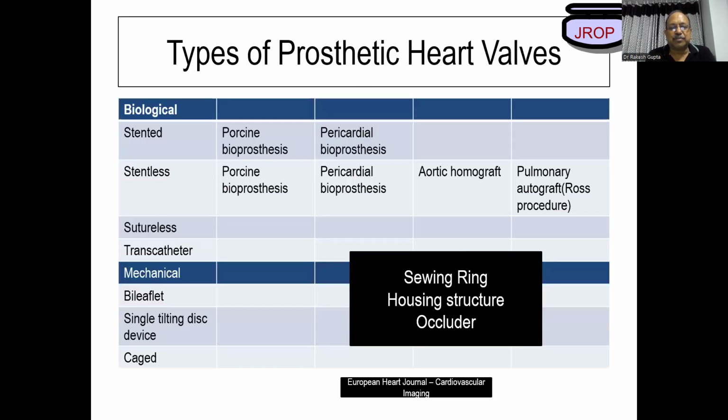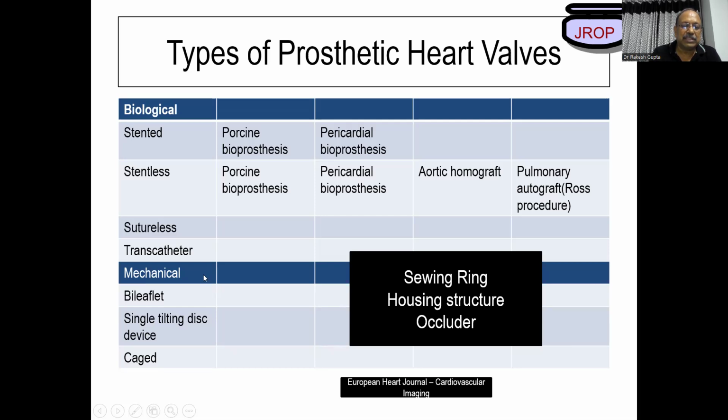So what are the types of prosthetic valve which are available in the market? It's a very simple word: stented versus stentless. In stented, we have both porcine bioprosthetic and pericardial bioprosthesis. Similarly, in stentless, we have porcine bioprosthesis, pericardial bioprosthesis, aortic homograft, and pulmonary autograft is very common.